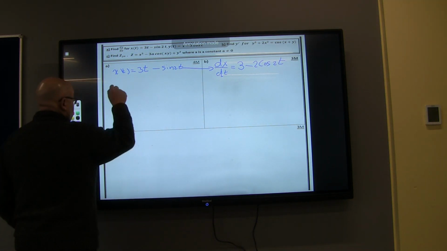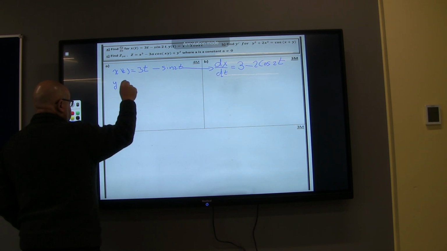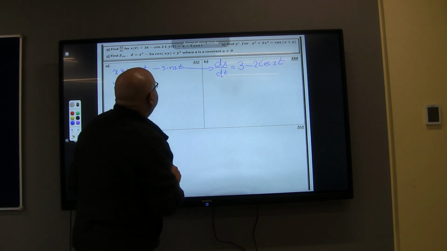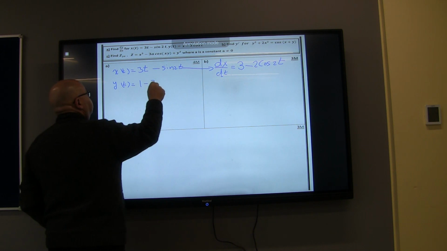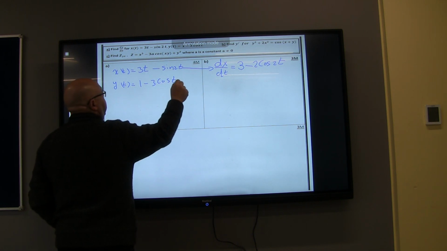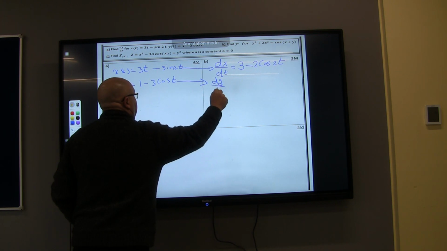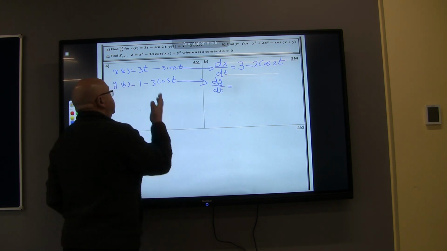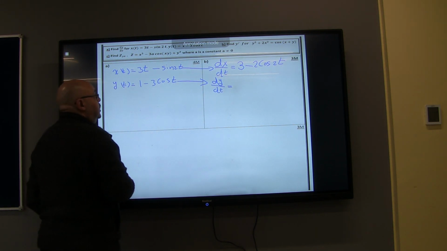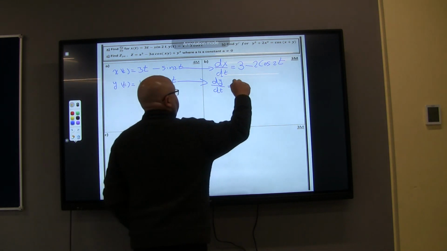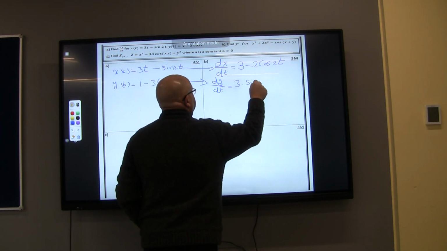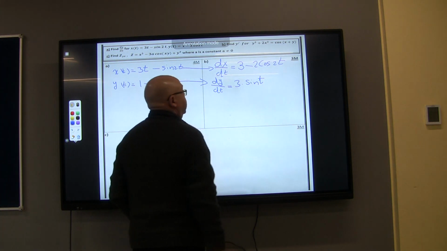Then I have y of t, which is 1 minus 3 cosine t, and dy by dt, differentiating with respect to t, is going to be 3 times sin t.